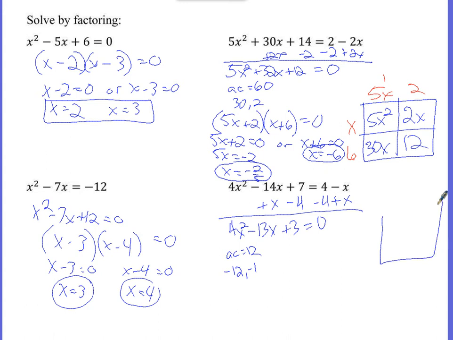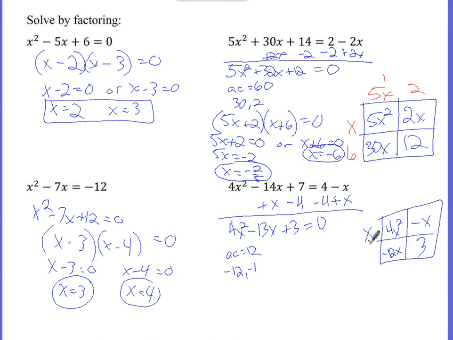Draw your box. Okay, 4x squared, then what? The 3 here, good. Negative 12x, and then negative 1x. All right, now what? GCF for my first row, x.